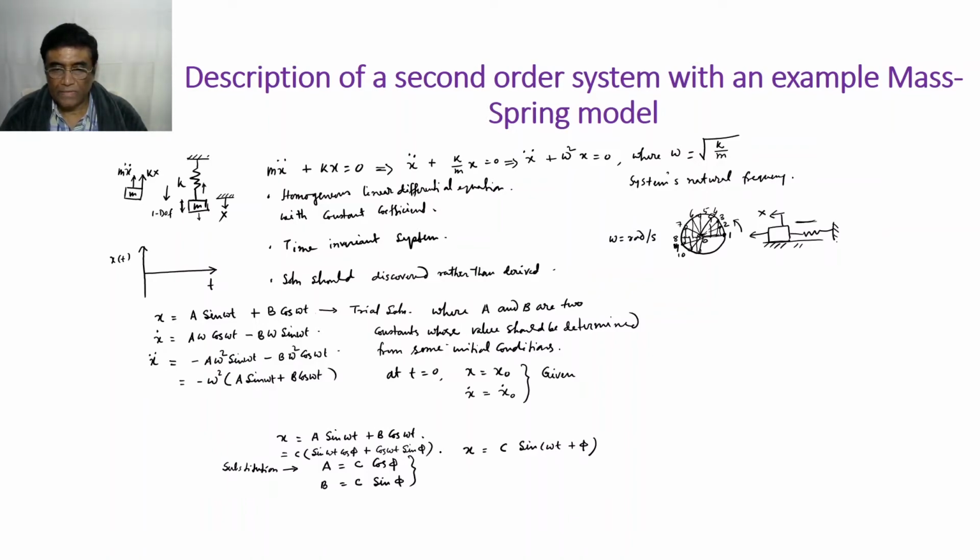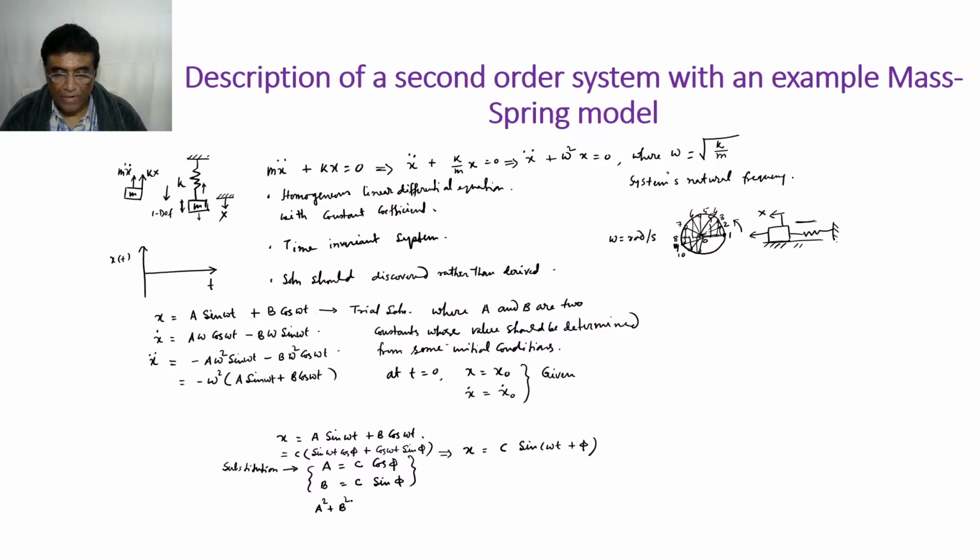Okay, and this is actually equal to C sine of, and this substitution I have made, and I can express A and B in terms of these two imported constants. So you see what is C?